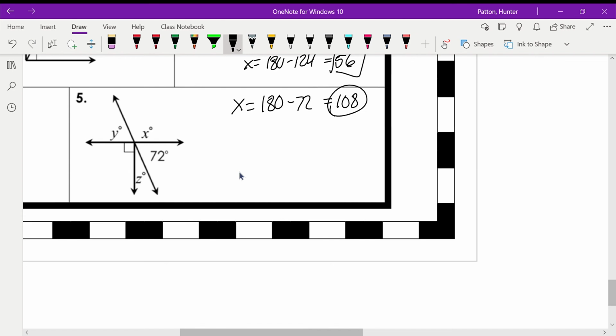Okay, and then we also know that 72 and z form a right angle since these two angles right here are 90 degrees, so z is 90 minus 72, so it is 18. And then angle y is vertical with 72, so y is 72.